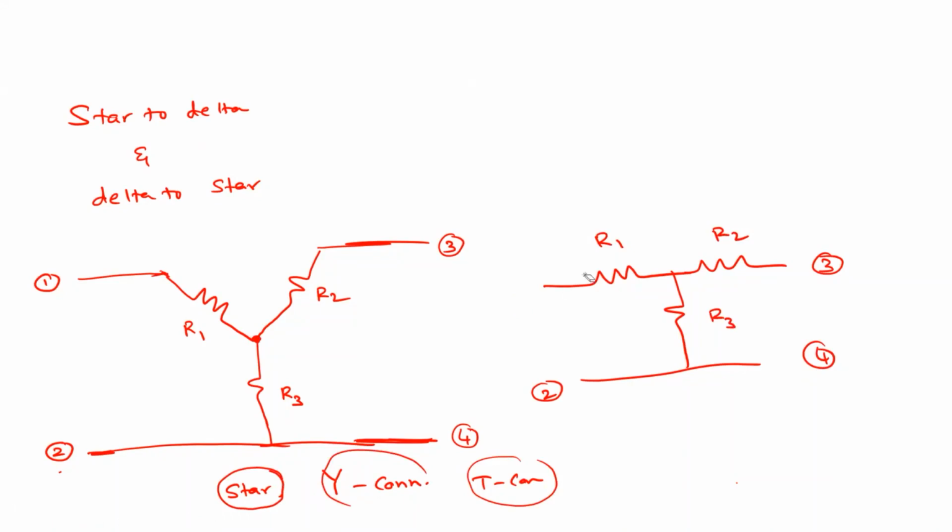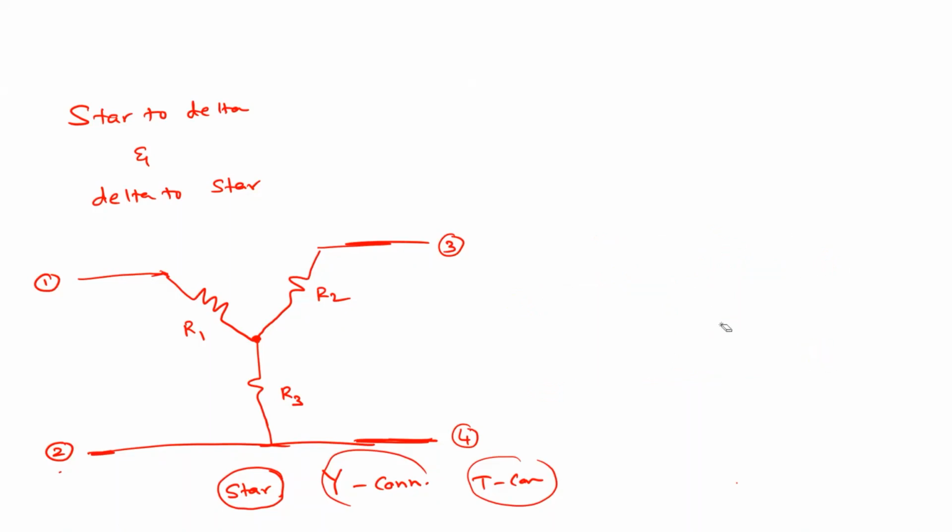Similarly, we have the other one. I'm erasing this. So this is a star connection, right? It looks like a star shape, or it looks like a Y shape, right? That's why it is known as star connection.